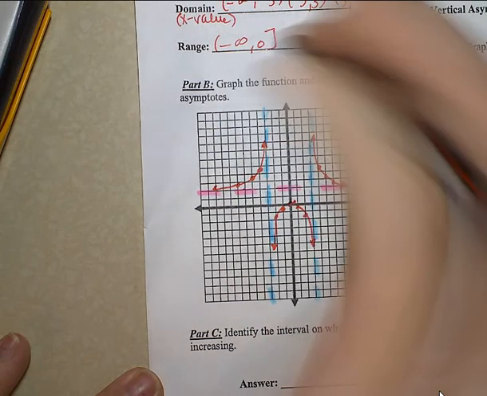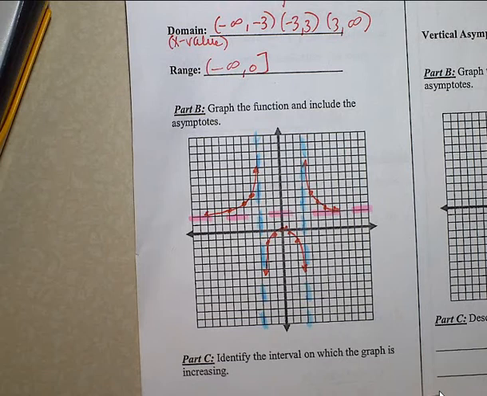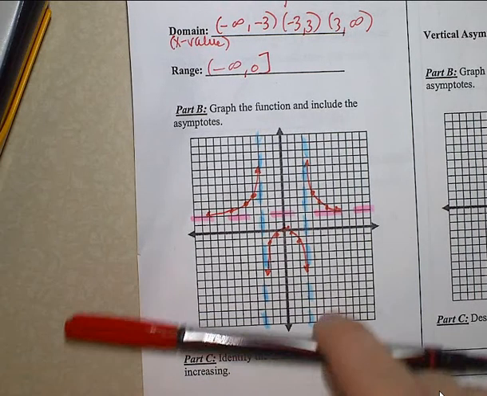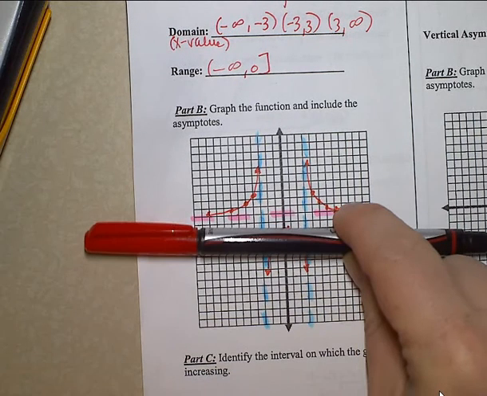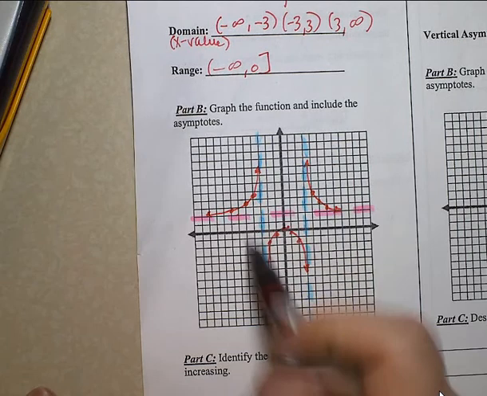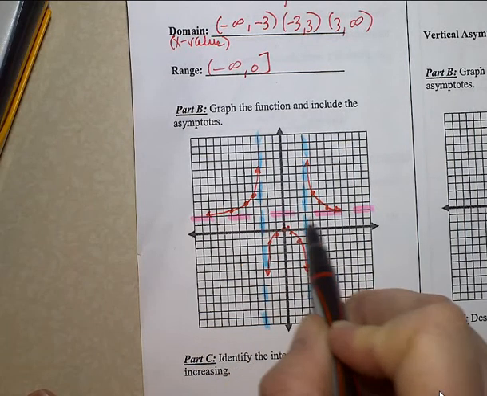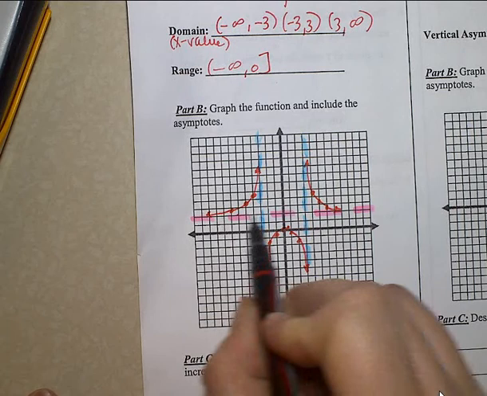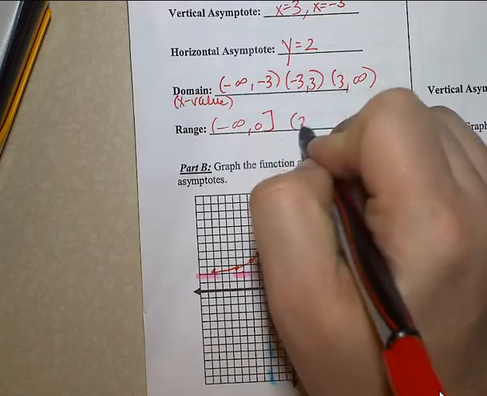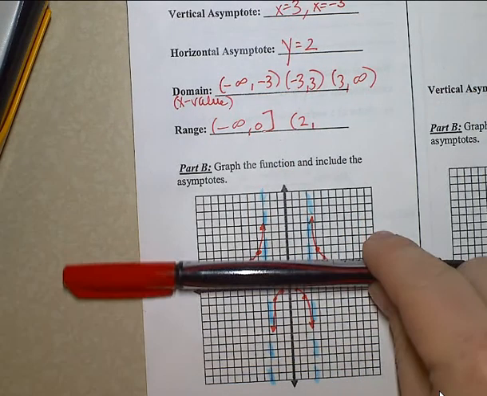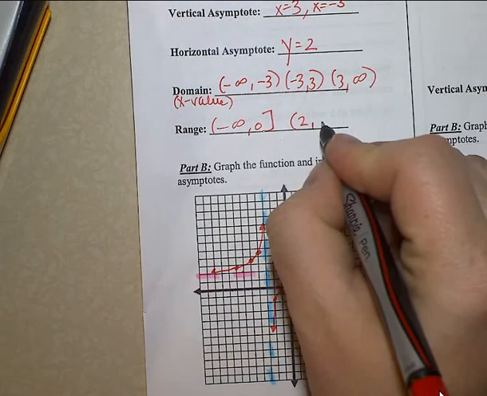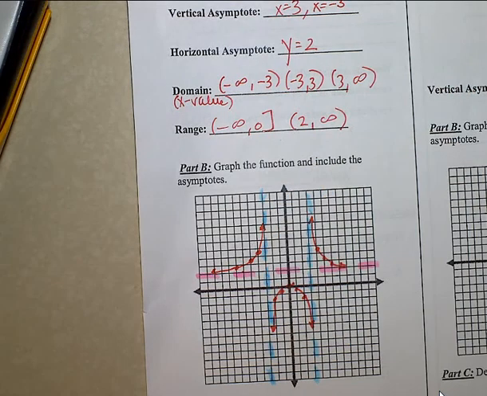Make it into a bracket. It comes up from negative infinity. It goes as high as y equals 0 and actually touches that point. Then there's like this dead space. Nothing's happening here. Then it jumps over the wall, y equals 2, and it starts again. And it goes from y equals 2 up to positive infinity.